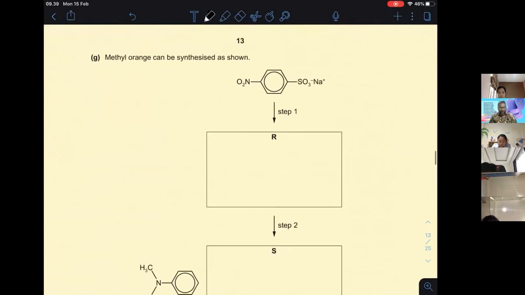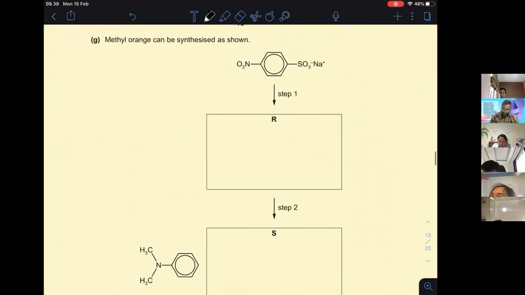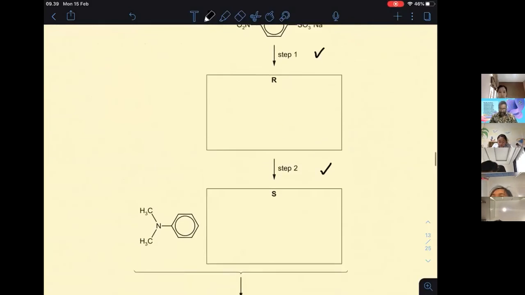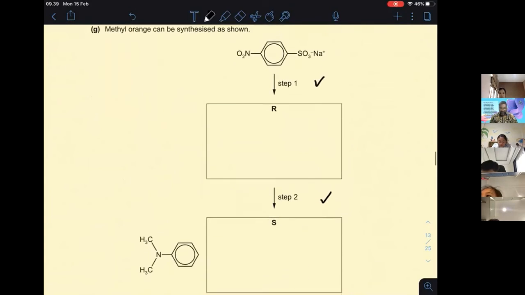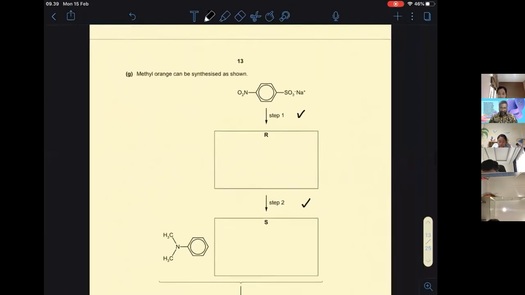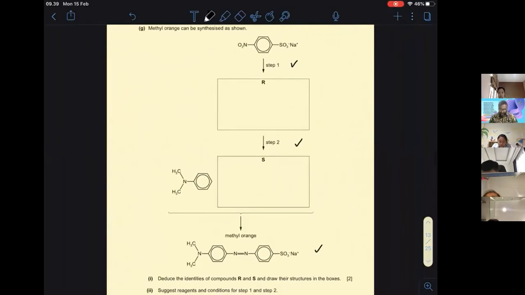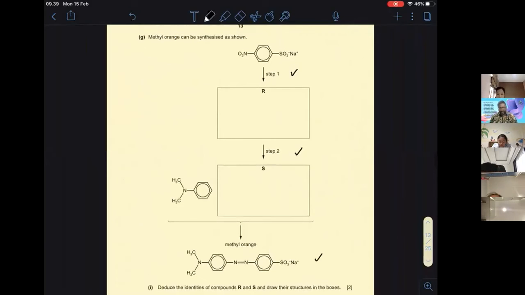Now, methyl orange can be synthesized as shown. If I synthesize this, you have a few steps: step 1, step 2, and then you get the methyl orange. Basically this is going to be the structure of a dye, so you need to relate to your diazotization reaction.